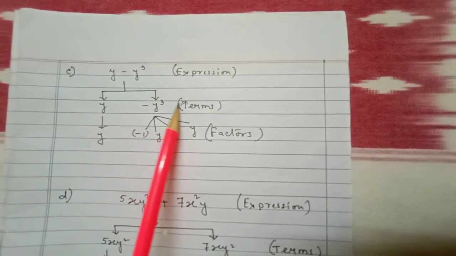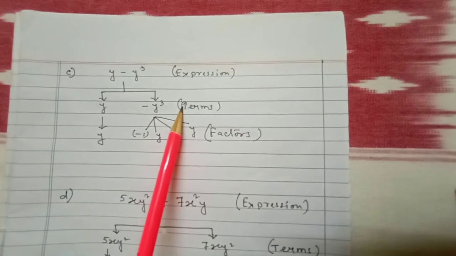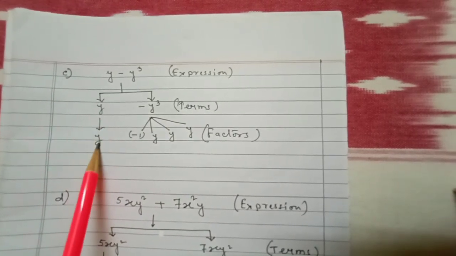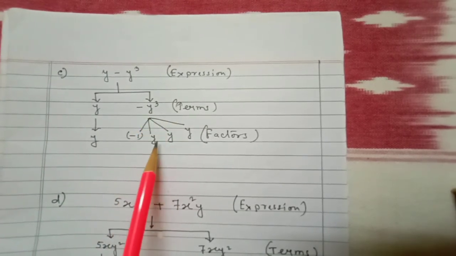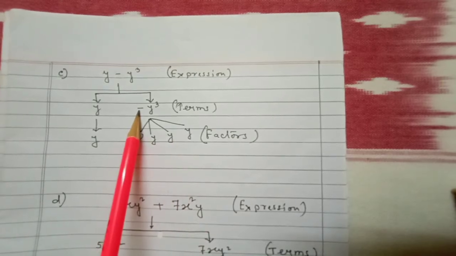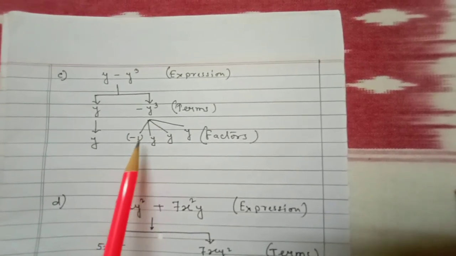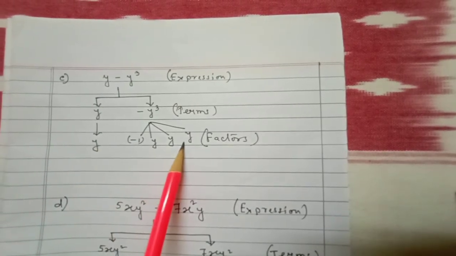These 2 portions are indicating the terms. Now factors: here only 1 factor, so I am extending it, and here 3 y's, and for this minus sign I have given -1. So -1 into y into y into y. These are the factors. Understood?